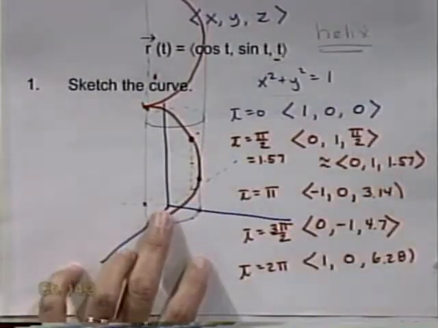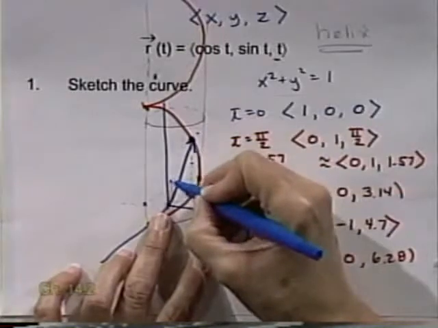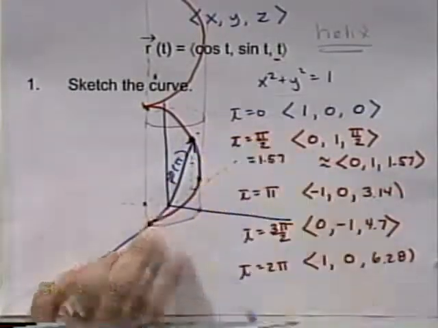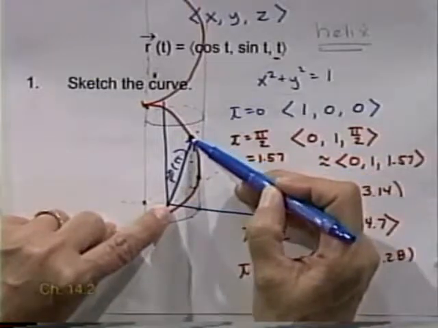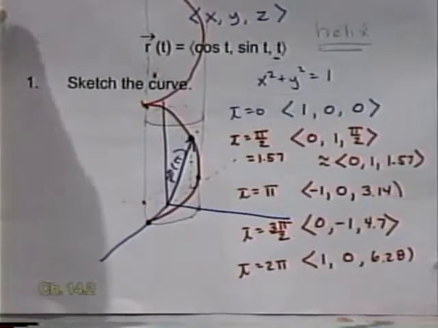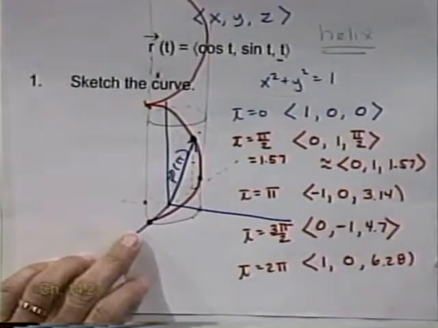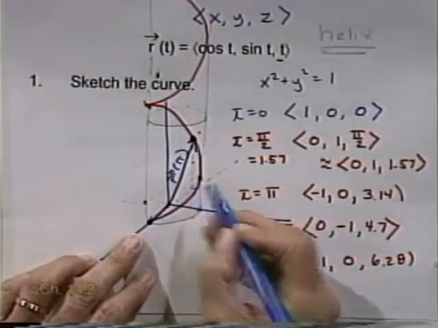So my position vector goes from the origin to that point. That's r of pi. R of pi is the vector that points you from the origin to that point. So like r of 0 would be this vector right here. R of pi over 2 would be that vector right there.